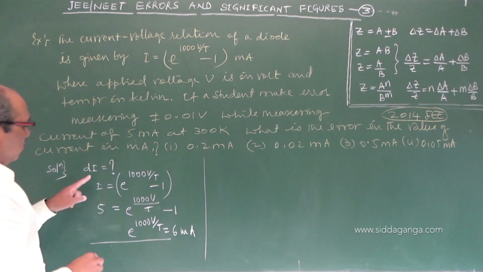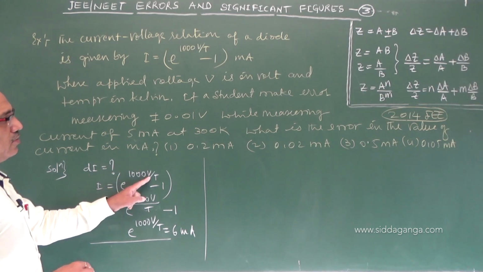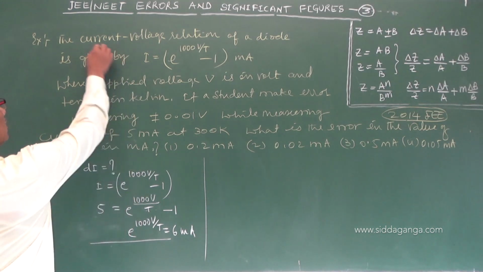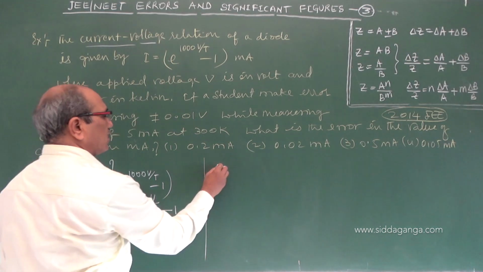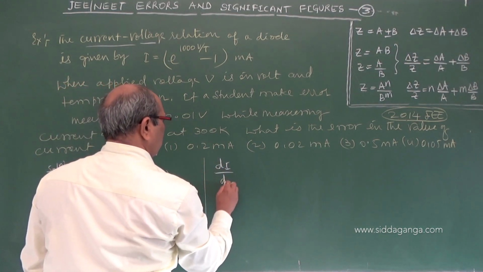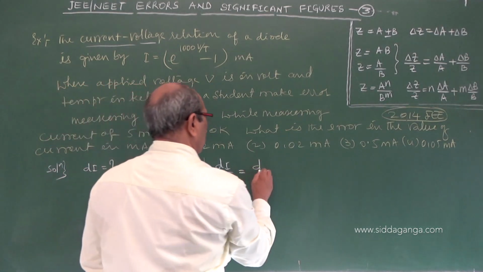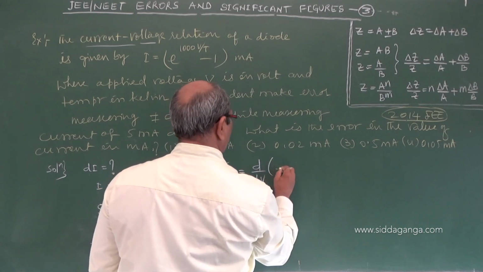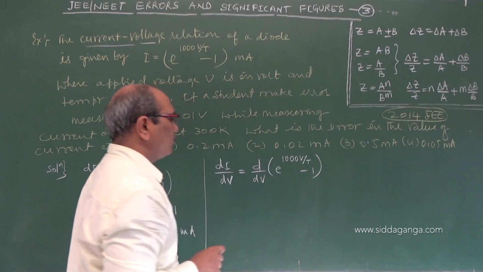But here we want dI. We have to differentiate this with respect to voltage, the variation of current and voltage. As I told you, this is how the differential function arises. dI by dV is d by dV of e to the power of 1000 V by T minus 1.